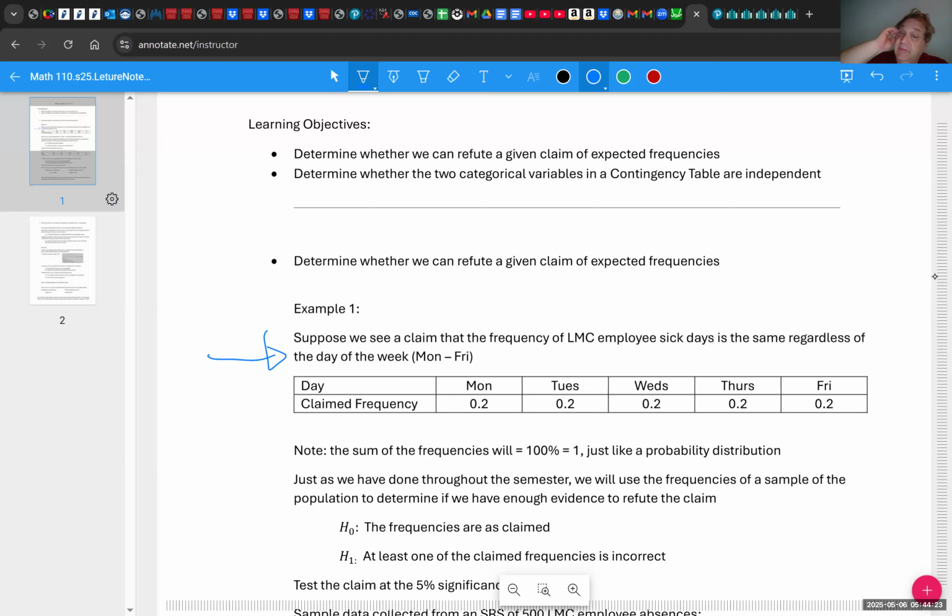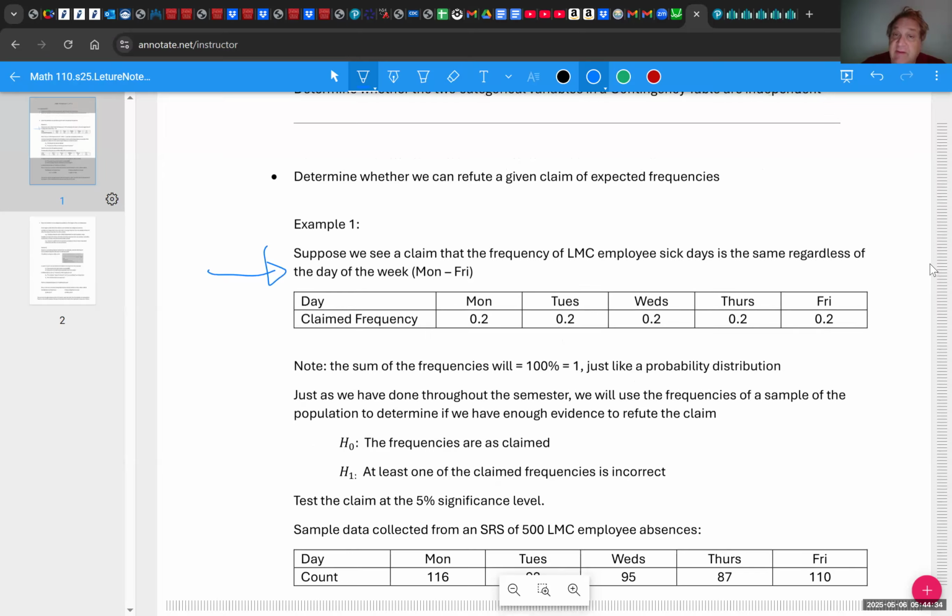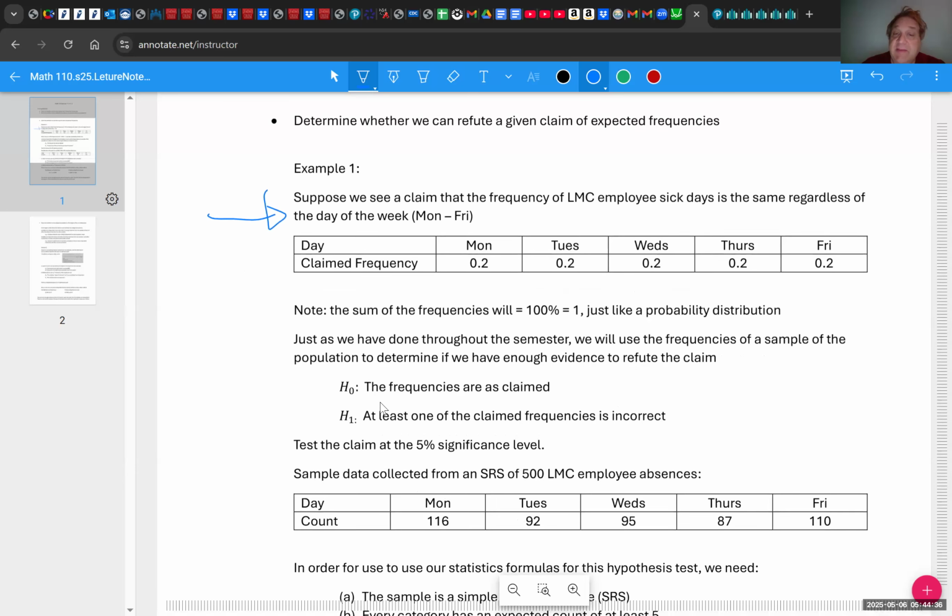And also, just as we've done throughout the semester, we're going to use the frequencies of a sample of the population to determine if we have enough evidence to refute the claim. All right, so we're going to perform a little hypothesis test here. Our null hypothesis is the frequencies are as claimed. So in this case, 20% for every day.